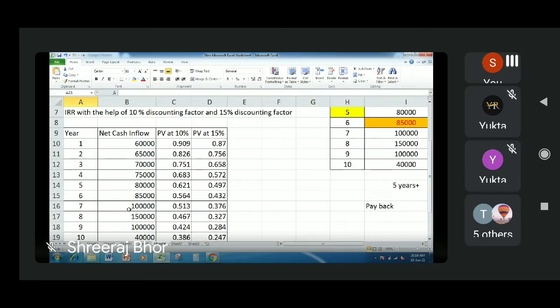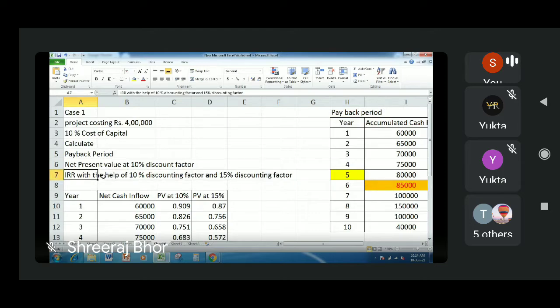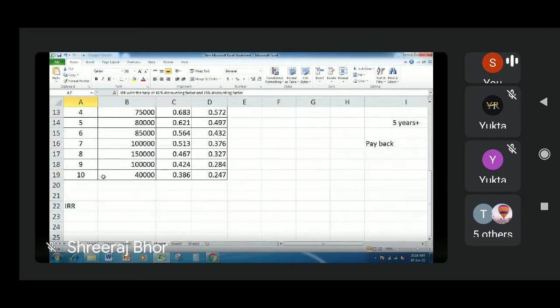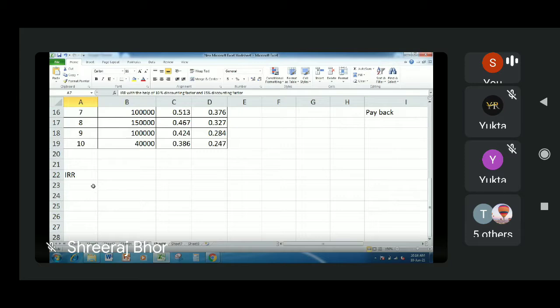Now let's calculate IRR. With the help of the 10% discounting factors and 15% discounting factors, we are supposed to calculate this.